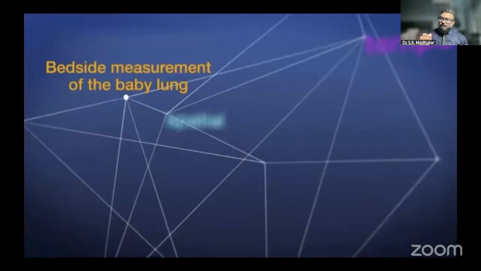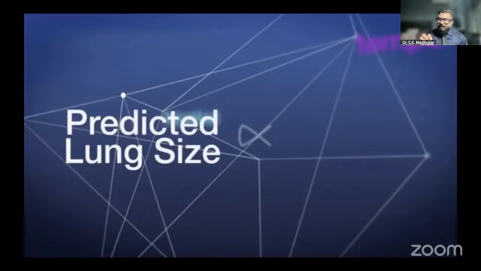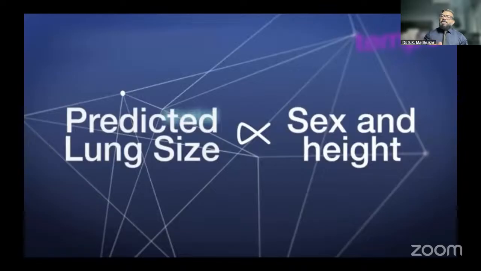So we are using a surrogate marker for the measurement of baby lung. And we all know that we predict the lung size by ideal body weight, not the actual body weight, depending upon the sex and the height. But the caveat is, this predicted lung size is not always equal, not always the same.